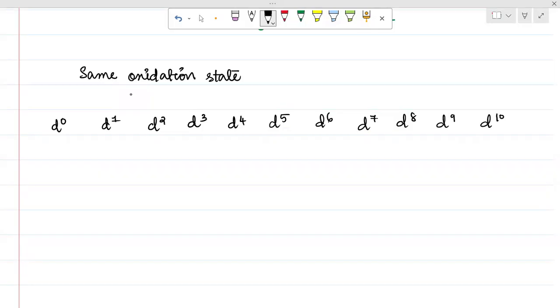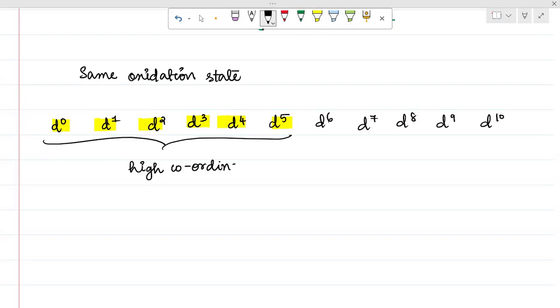Up to d5, the electrons present on the metals are relatively low. The extent of negative charge due to the electrons present on the metals is relatively low. As a result, their coordination number is higher. They can accommodate more charge. You know what coordination number is, right? Coordination number is the number of donor atoms. High coordination number, because they have a lot of space to accommodate more charge.